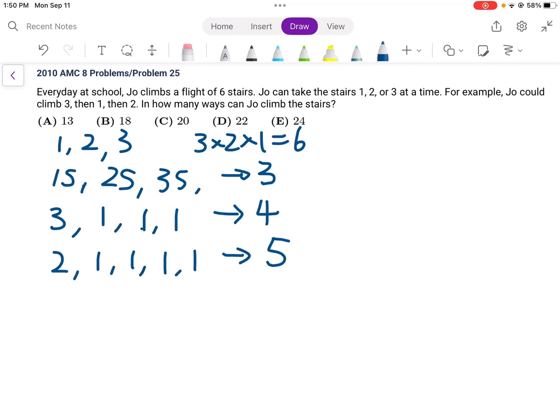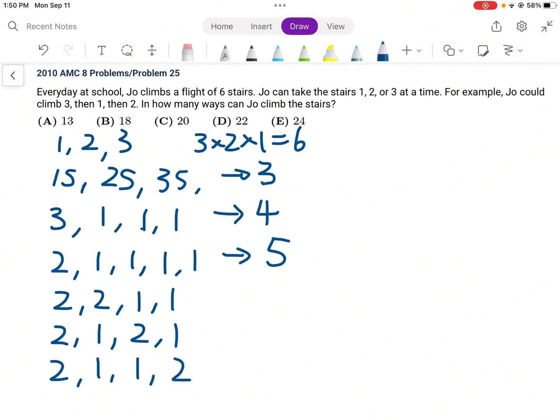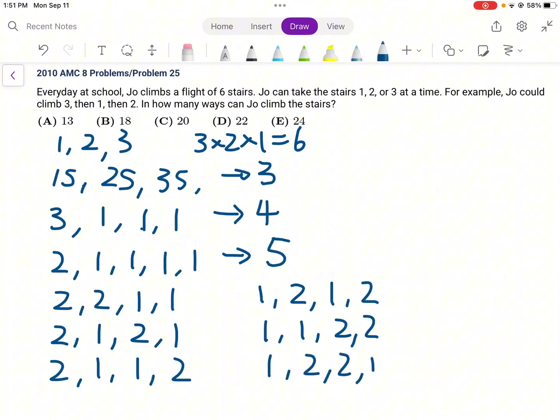Now let's look at if there are 2 twos and the rest is ones. So 2, 2, 1, 1, they sum up to be 6. And we can have 2, 1, 2, 1, 2, 1, 1, 2, and we can also have 1, 2, 1, 2, 1, 1, 2, 2, 1, 2, 2, 1.